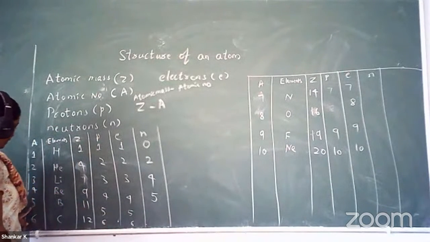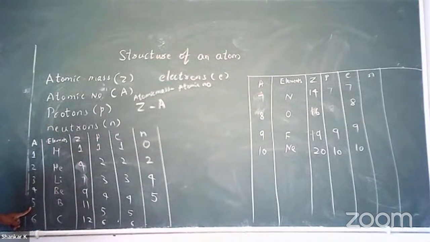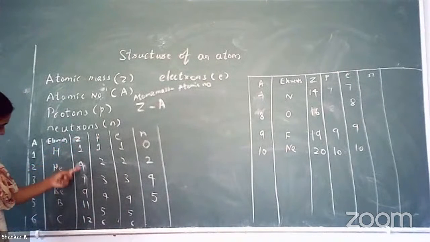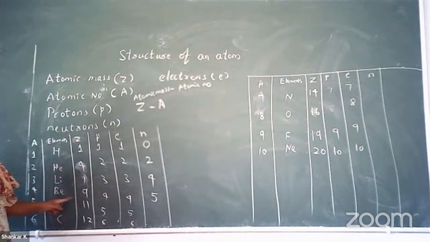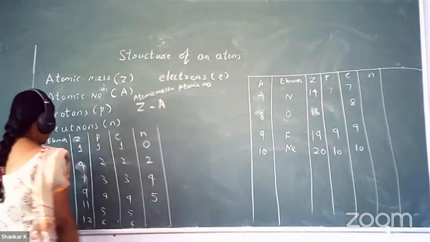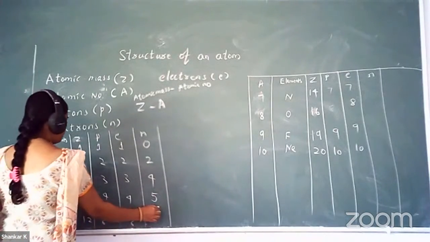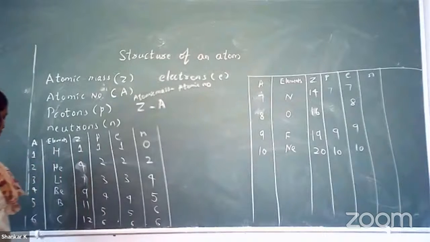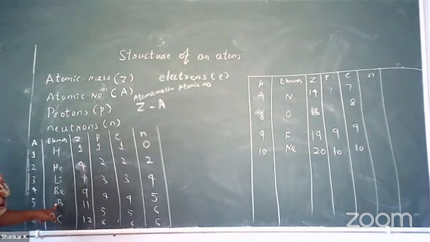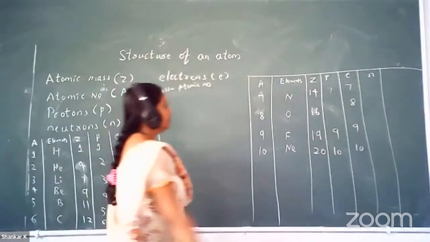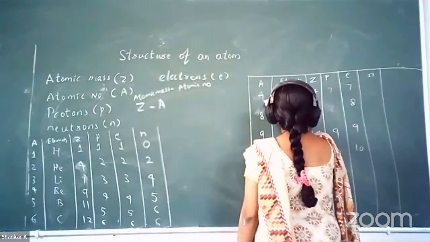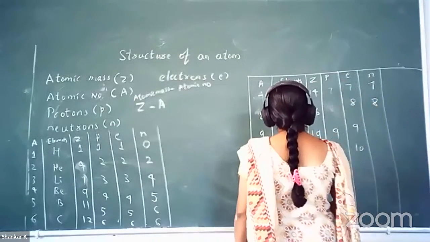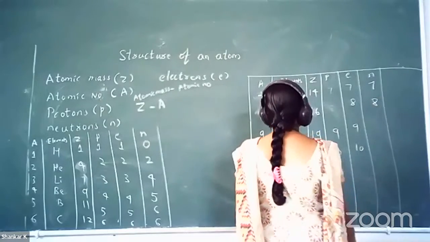Then 11 minus 5 is 6. 12 minus 6 is 6. Then 14 minus 7 is 7. 16 minus 8 is 8. 19 minus 9 is 10.